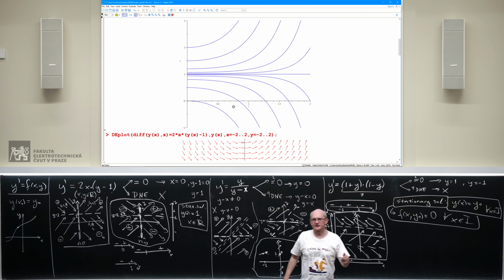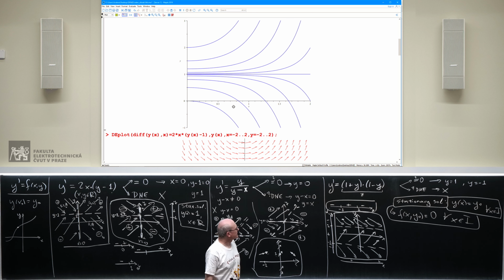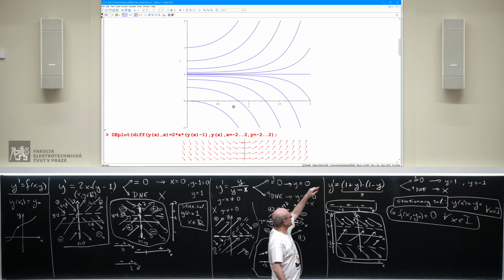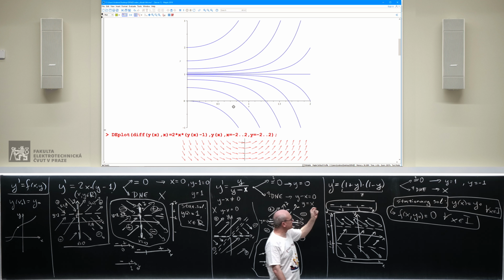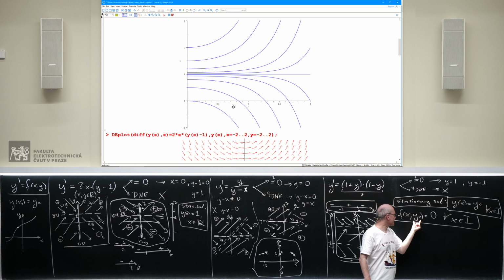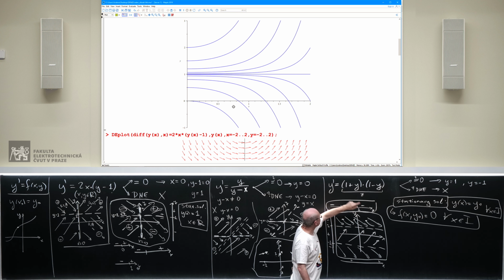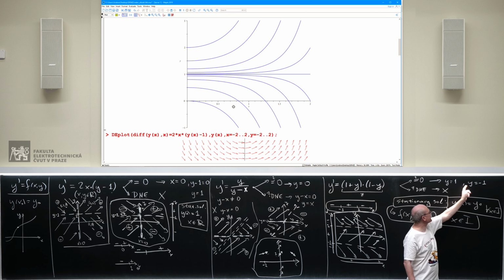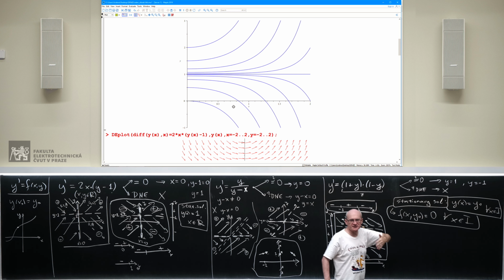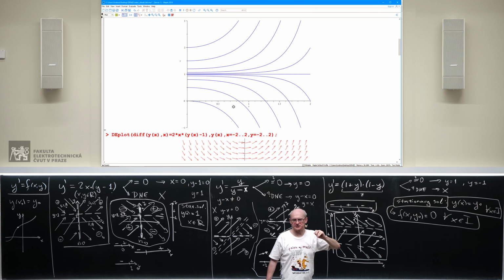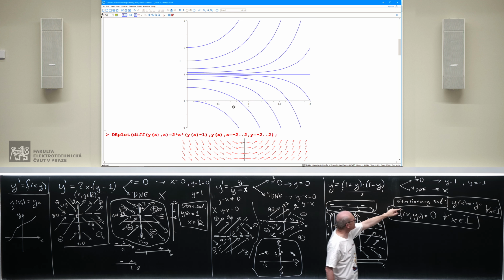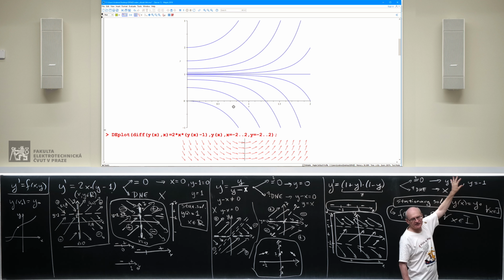So when I want to know whether there are some stationary solutions or not, I simply look at my equation at the right-hand side and I ask myself, is it possible to find a specific value for y, which, if I put in, I will get 0 regardless of x? Is it possible? And the answer is, well, of course, yes. I can see it over here. So when we are sketching the slope field, we are in fact also talking a little bit about stationary solutions because they are included among the dividing curves.